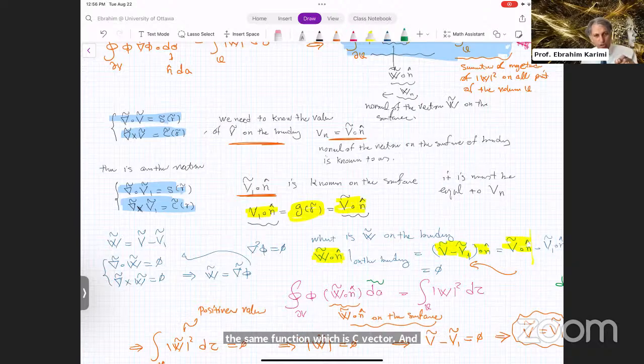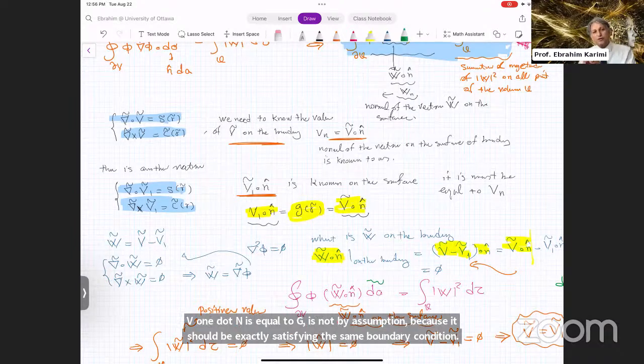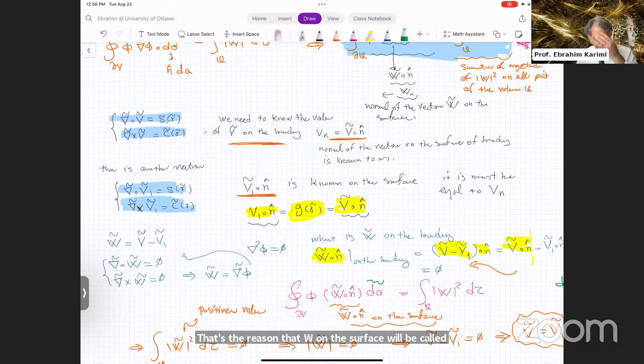And V1 on the boundary is also exactly the same function. So if V dot n is equal to G, definitely V1 dot n also is equal to G. It's not by assumption, because it should satisfy exactly the same boundary condition. That's the reason that the normal of W on the surface is equal to 0.